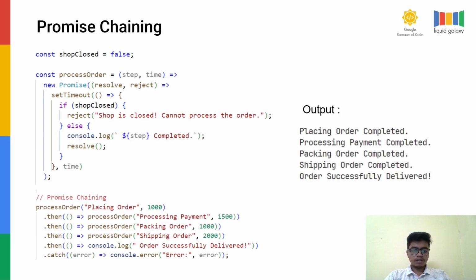We can also apply .then in the next step. In that .then, again we are calling the processOrder function with the argument shipping order and a time of 2000 milliseconds, and finally we are printing "order successfully delivered". And if our promise got rejected, it will go to the catch statement and print console.error with the error message that we have given through the promise, meaning shop is closed and we can't process the order.